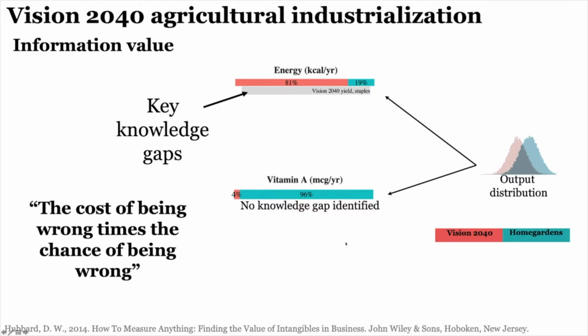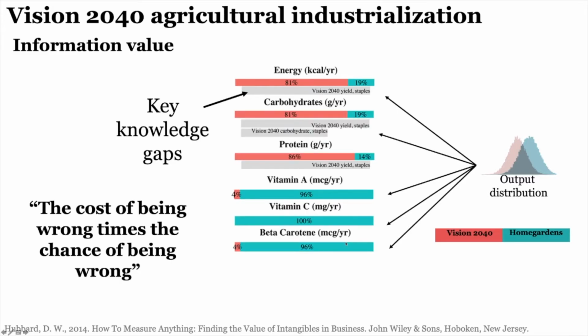So for vitamin A, it's relatively clear. 96% of the time, home gardens are better at producing vitamin A. We do this for all of those nutrients that we talked about, and find that for some of them, there are variables that we could measure to understand more about this distribution and whether the decision is clear. So if we're basing our decision only on energy or only on carbohydrates, only on protein, then we should make some more measurements.